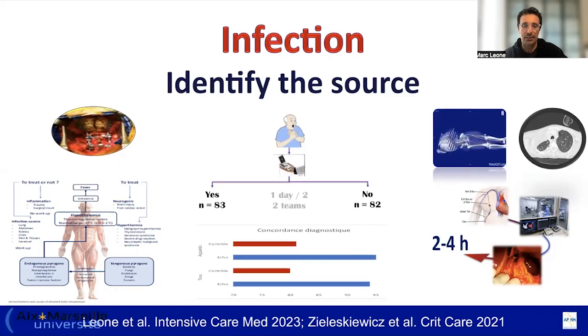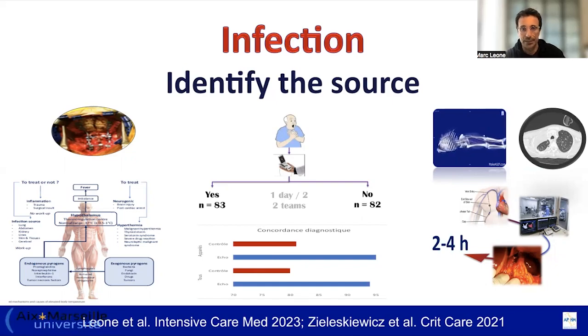In a quasi-randomized clinical trial, we used point-of-care ultrasound in patients hospitalized in the ward with organ failure, with respiratory or circulatory distress. And what we showed is that the performance of diagnosis was really improved using ultrasound in those patients. And this was associated with an improved outcome and less intervention in the same patients.